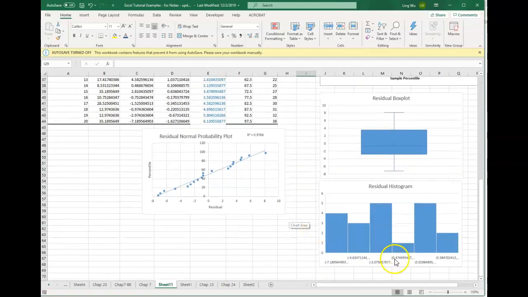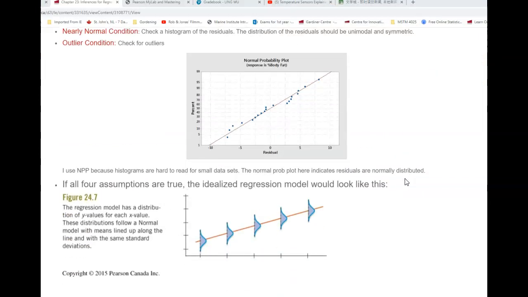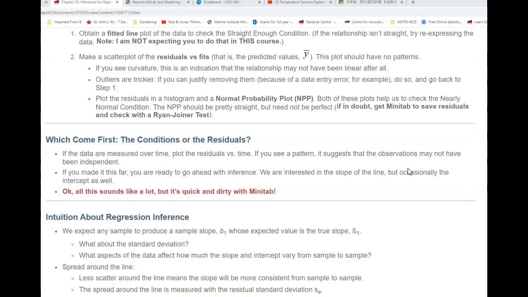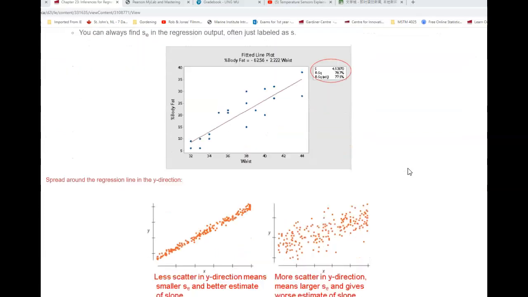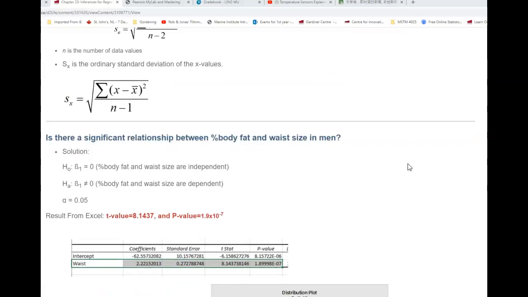The residual histogram is not really useful for small data sets. So these are the 4 conditions we need to check for the assumptions and conditions check. And following that, what we need to do is the confidence interval.